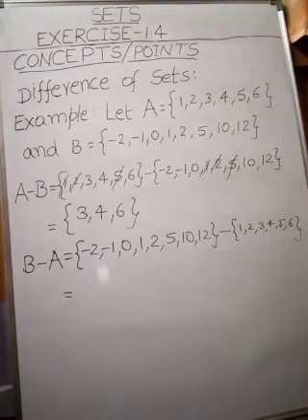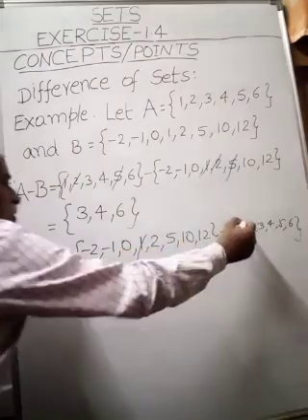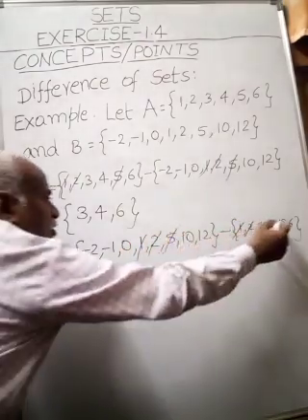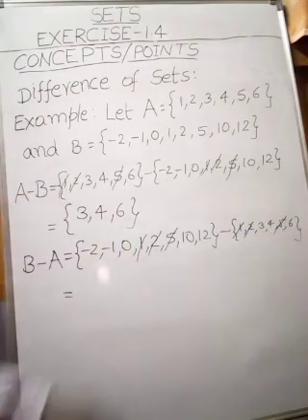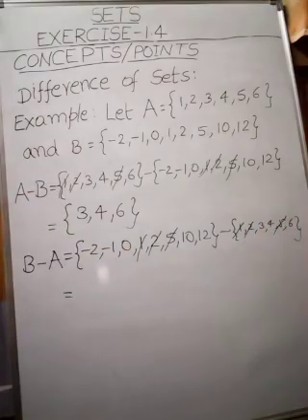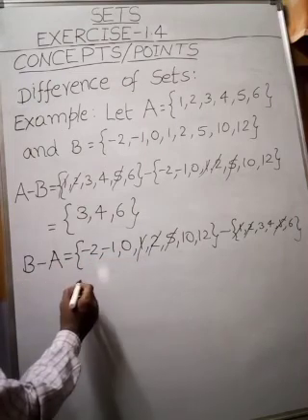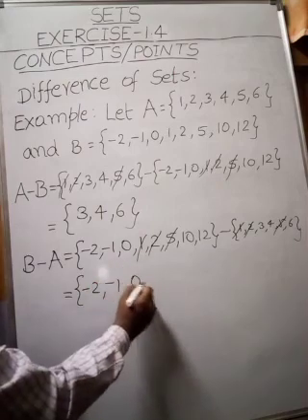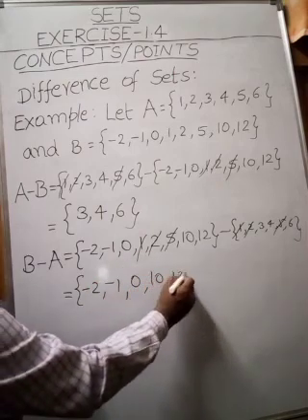Strike out. First identify the common elements in both A and B and strike out that common elements. You know, here 1 is common element, here 2 is common element, and 5 is also common element. After striking out the common elements, what are the elements left in the first set? We have to write them only: -2, -1, 0, 10, 12.